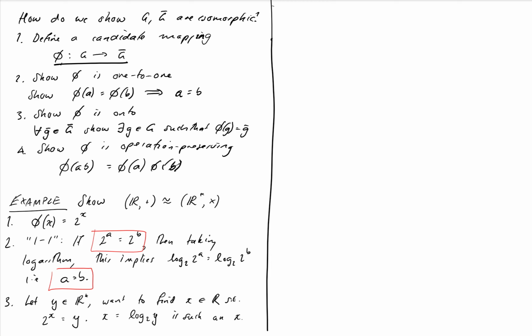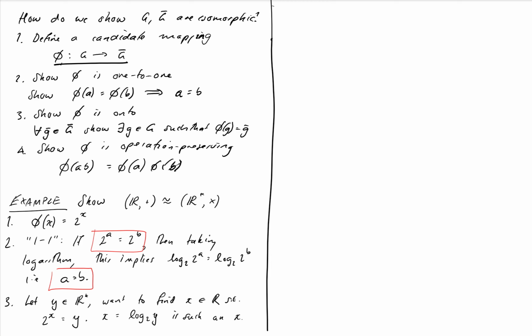It can be anything from negative to positive, that's fine. So for every positive real number y, log 2 of y is defined, and it gives us the x that we need. Right, so at this point, we've now shown that our mapping is 1-to-1 and onto.